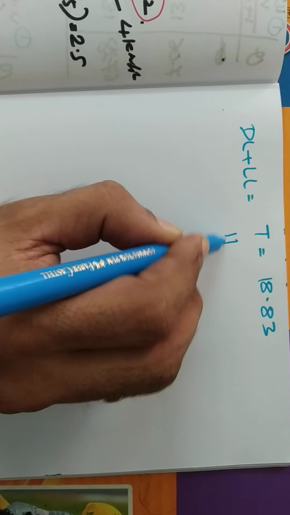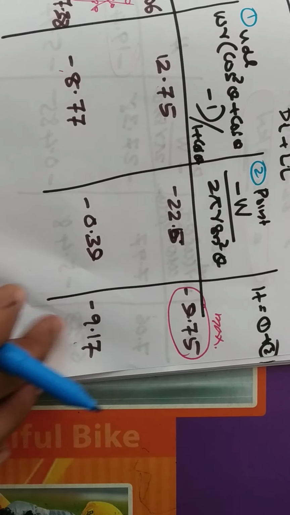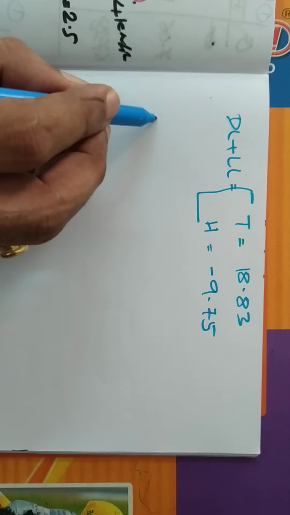Then you got H also. H, you got two values, but both are minus, so you will take the higher value, minus 9.75.